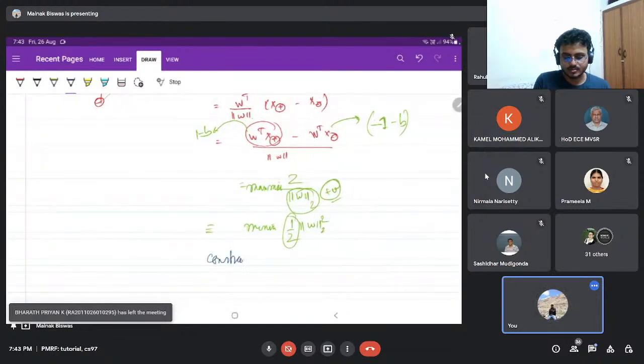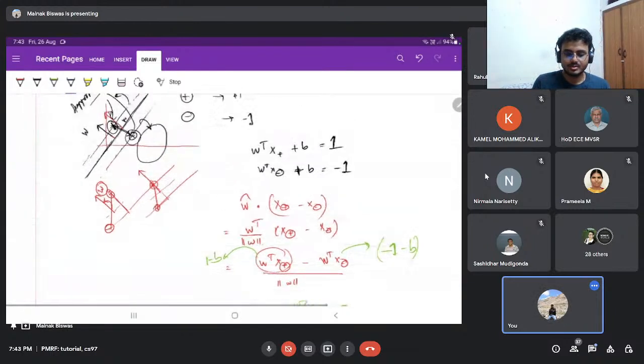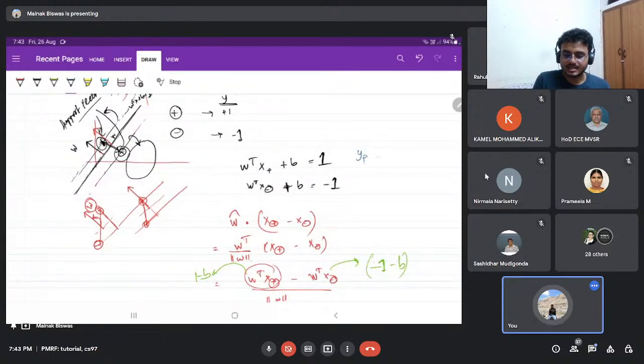I forgot to mention. For y plus, w transpose x plus b has to be greater than or equal to 1, and for y minus, w transpose x minus plus b has to be less than or equal to minus 1. Is this clear? These are the two constraints you have to introduce.